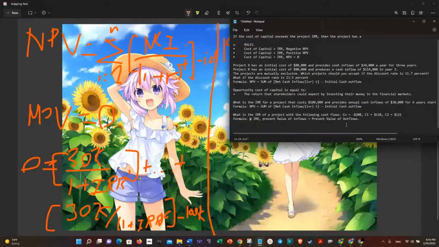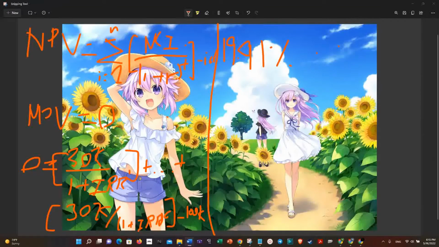And to do this, we need to get IRR again. But in this case, instead of having a consistent number, we need to get the... It's done like this.